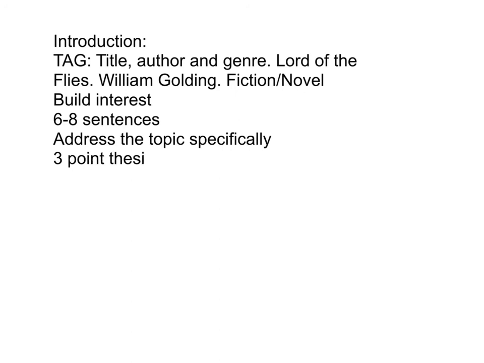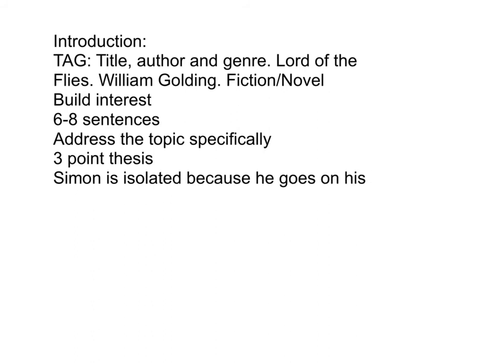And remember, that's 3 things that you're going to talk about. So if we're talking about how Simon is isolated, there should be 3 main ideas. Simon is isolated because he goes off on his own. So that's 1. Then you would need to list 2 more.